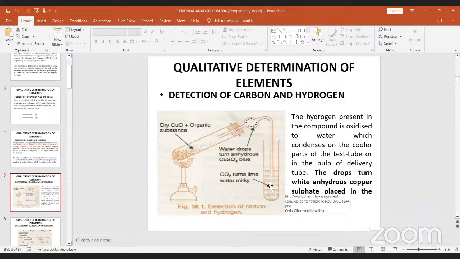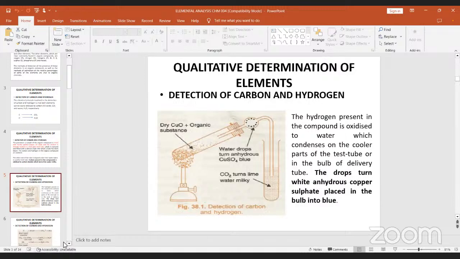The water on its own is trapped by copper sulfate. In the lab, the copper sulfate is more or less white, but in the presence of water, it turns blue to show that you've collected it.